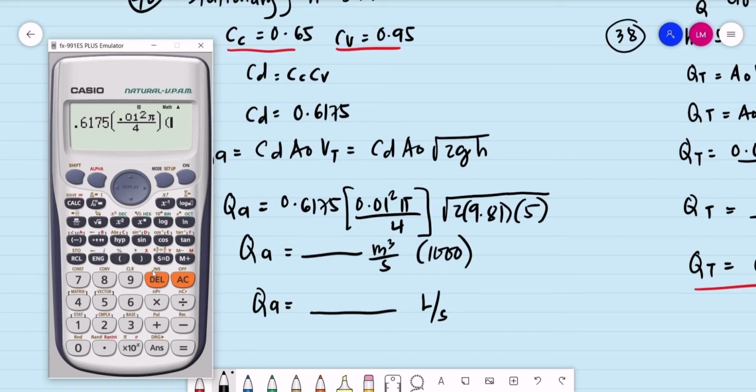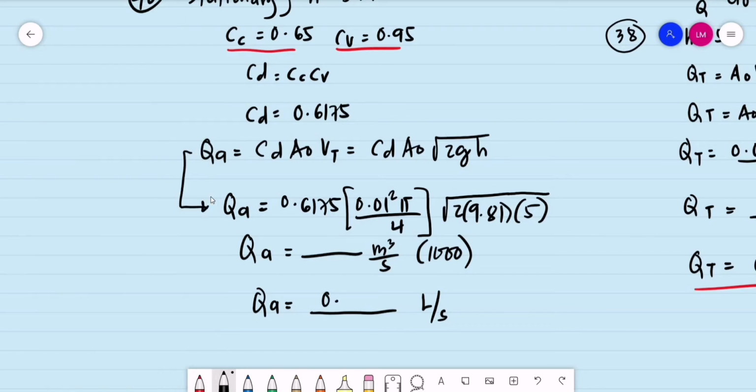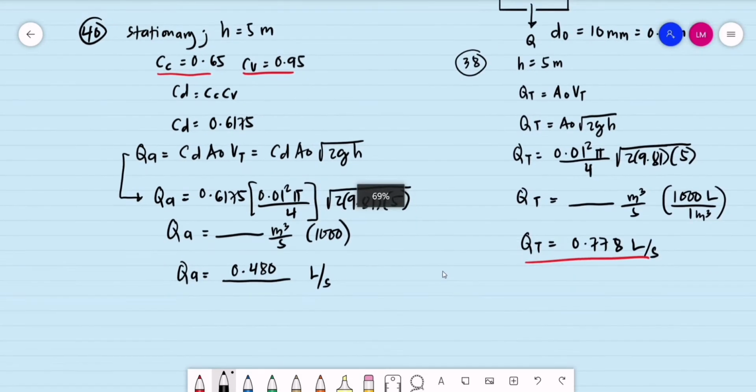And then multiplied by the square root of 2 times the 9.81 ay multiplied by 5 meters. And then multiplied by 1,000 to be in a liter per second. 0.48 liter per second. So, tingnan natin if we have this value sa question number 40.